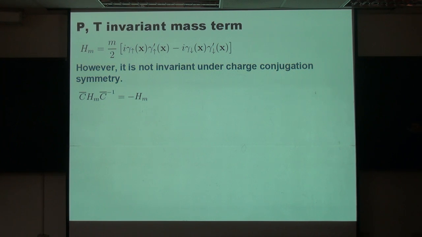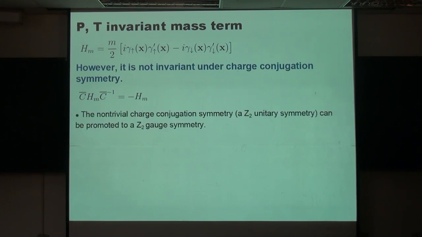Basically, you can check that this mass term takes a minus sign under charge conjugation. And this symmetry property prompts us to think about this charge conjugation as some local symmetry, and then we can introduce a Higgs mechanism to generate this mass term.